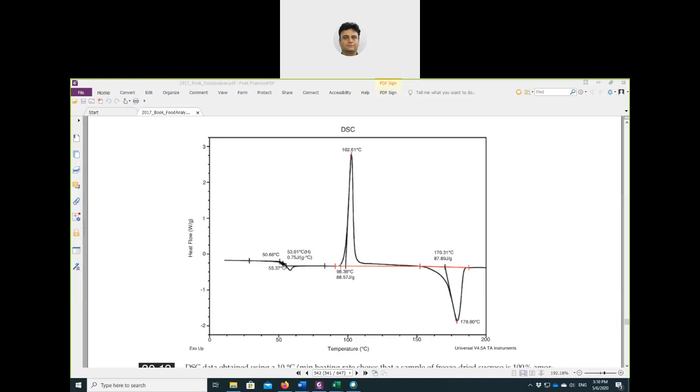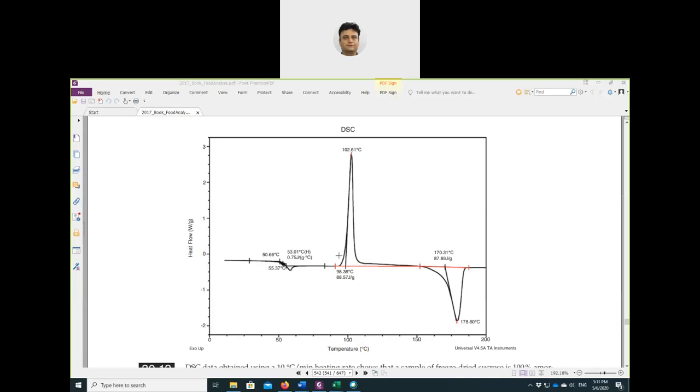But this one and this one are first order, like crystallization and melting. If you have a rubbery material, or by heating it starts to flow, this one will happen.